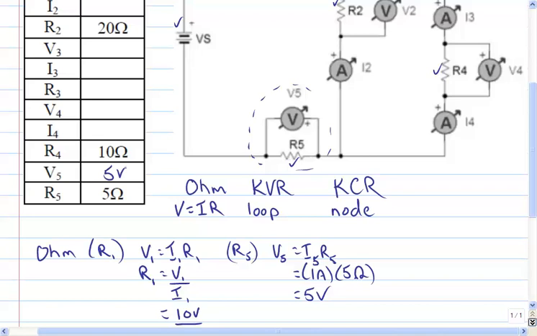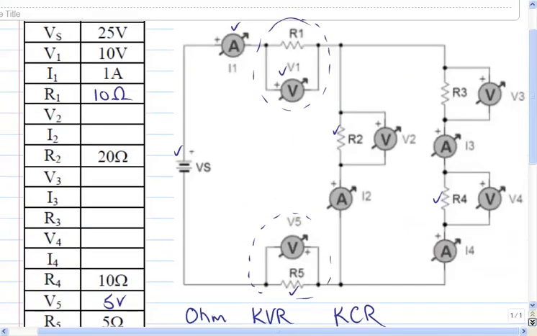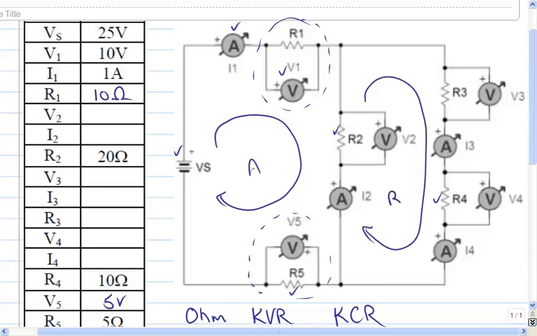Now I'm going to use Kirchhoff's voltage rule, and I'm going to call this loop A, and I'm going to call this loop B. If I look at loop A, now I know V1, I know V5, and I know R1.